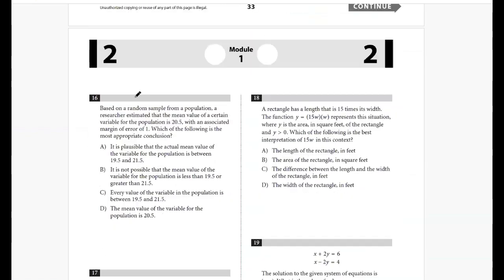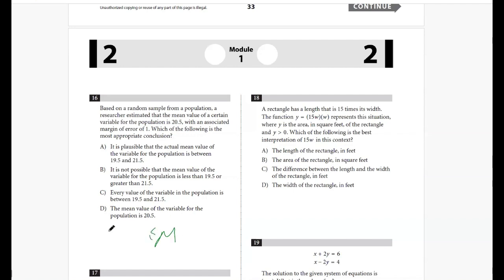Based on a random sample from a population, a researcher estimated that the mean value of a certain variable for the population is 20.5 with an associated margin of error of 1. Which of the following is the most appropriate conclusion? So we're dealing with margin of error.